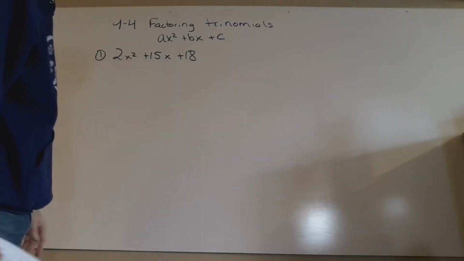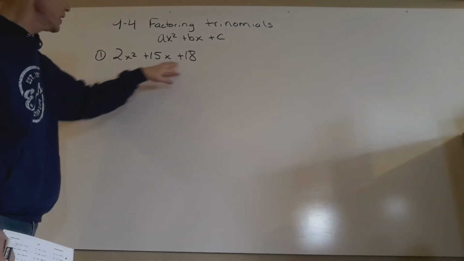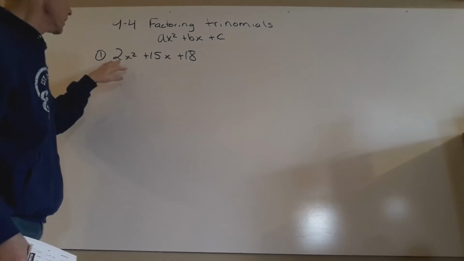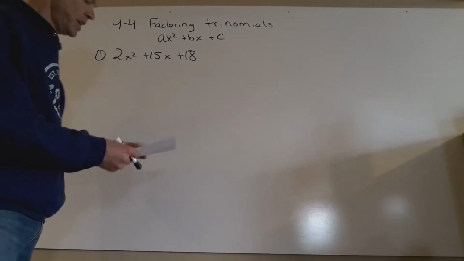factoring all of this. First of all, check with the whole equation. See if there's anything that we could factor out. Is there anything that they all have in common that we could factor out of either 2, 15, and 18? In this case, no, there is not.